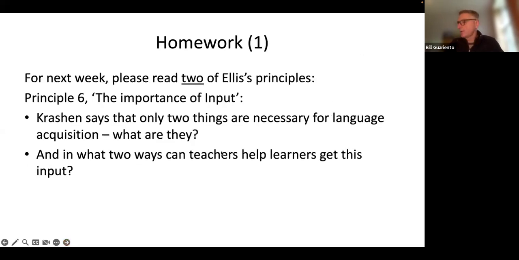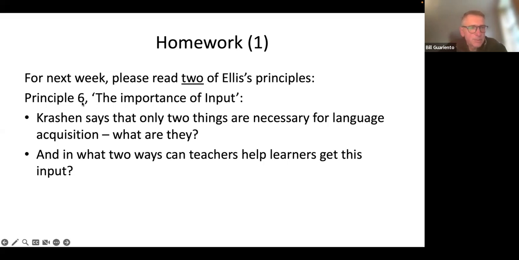Now, before I talk about meeting Professor Ellis, I will give you your homework. This week, I'm sorry, but I'm giving you 2 of Ellis's principles to read. They are not long like this week's. I think they are easier, but there are 2. So for next week, please read 2 of Ellis's principles.